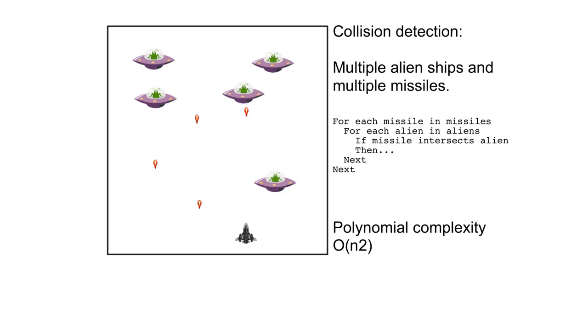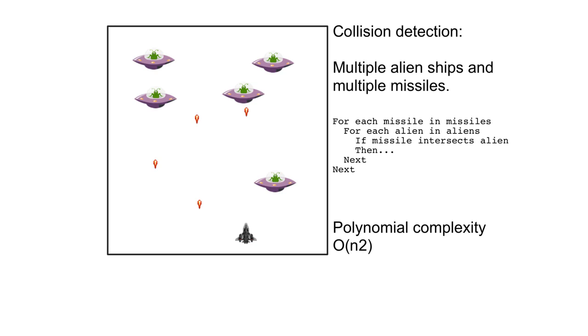And to do this, we might have a nested loop. We might say for each missile in the missile collection and for each alien in the alien collection, check if that missile has hit that alien, and if so, do the collision handling code. It's the only way we're going to check every missile against every alien ship.